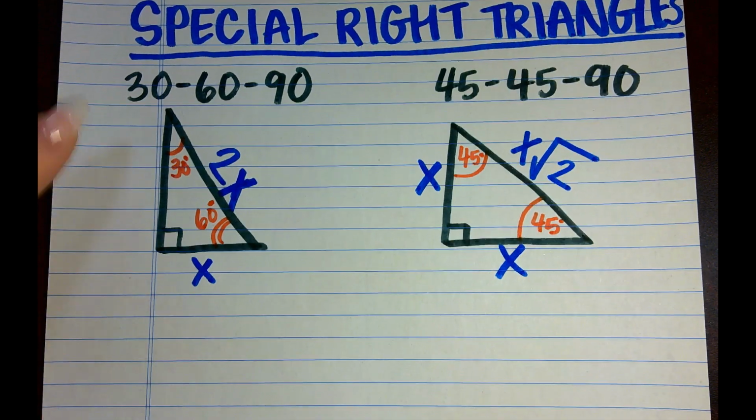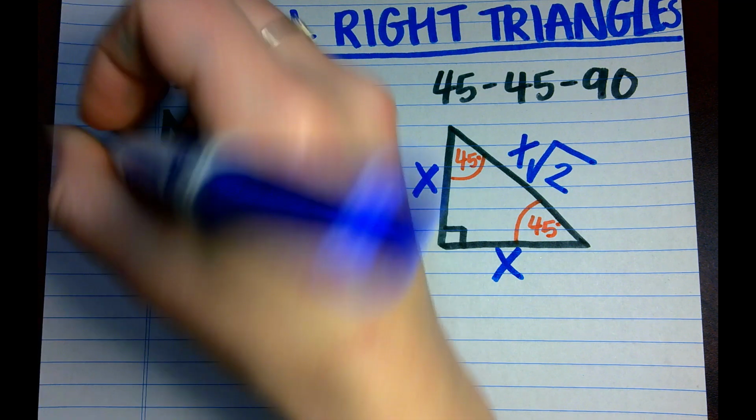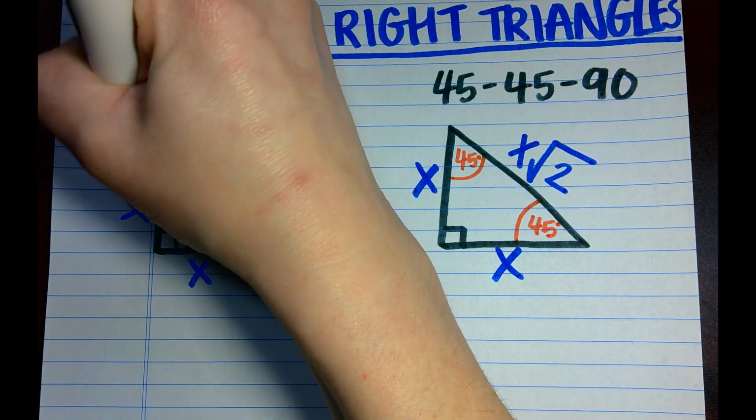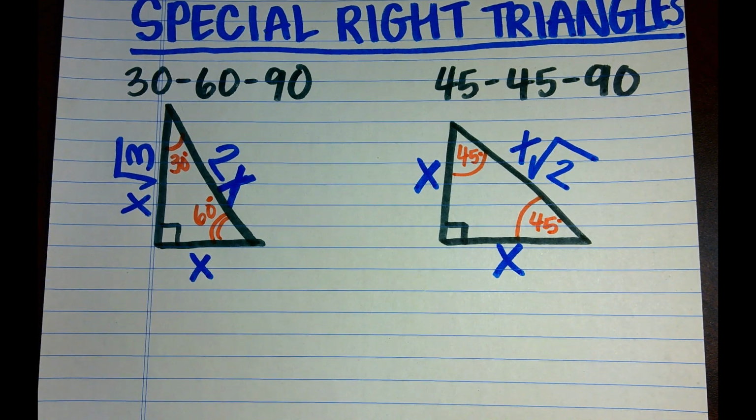And finally, our longest side is labeled as X radical 3. And it's important that we have our angles labeled properly and our sides labeled properly because this is like a formula we're being given that we're going to use.